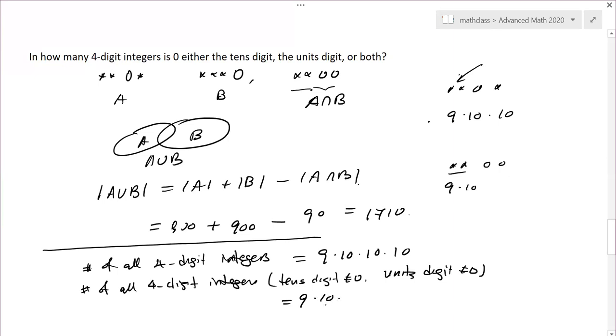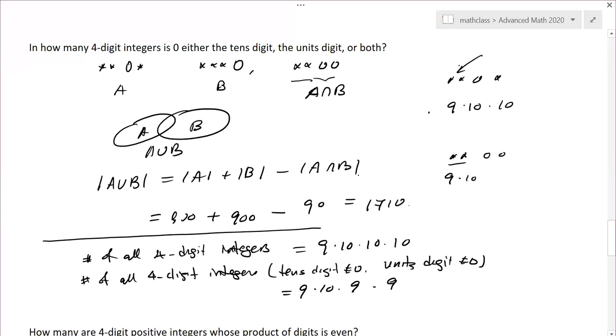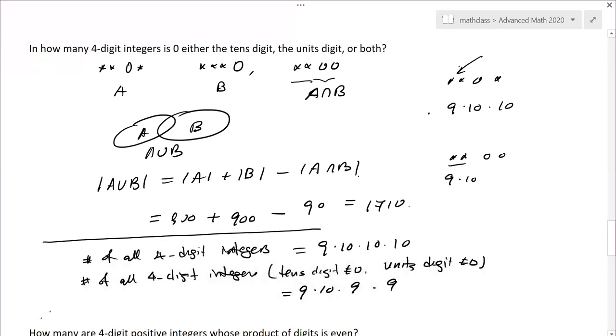Then the hundreds digit is still 10. For the tens digit, we have 9 choices, cannot be 0. The units digit cannot be 0. So this is the total number, and then the answer will be the difference of these two: 9 times 10 times 10 times 10 minus 9 times 10 times 9 times 9.